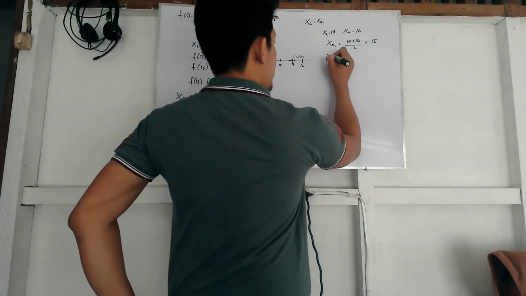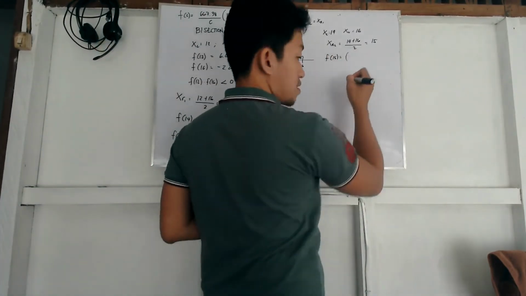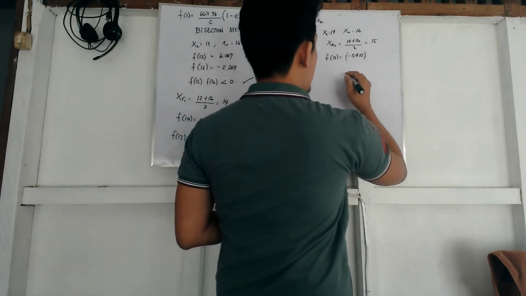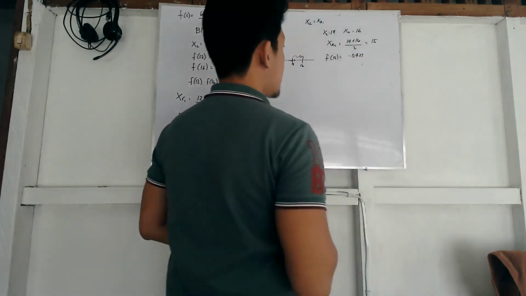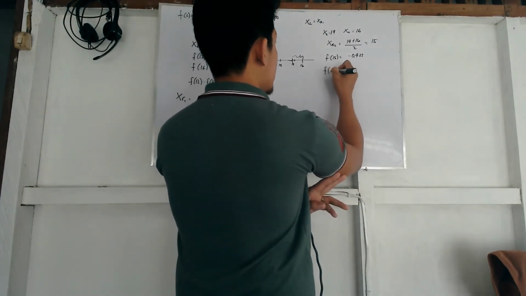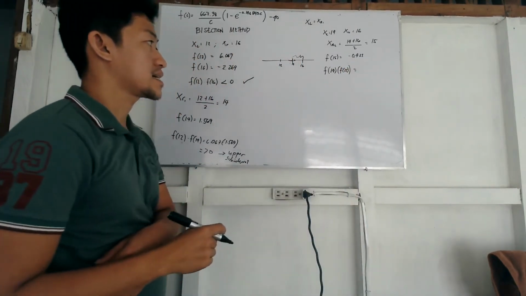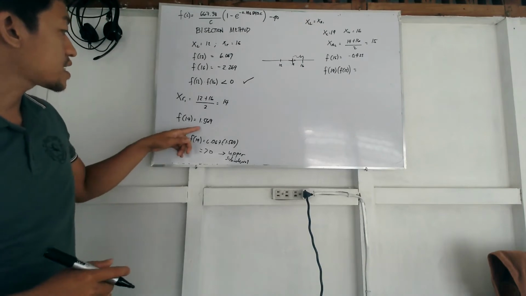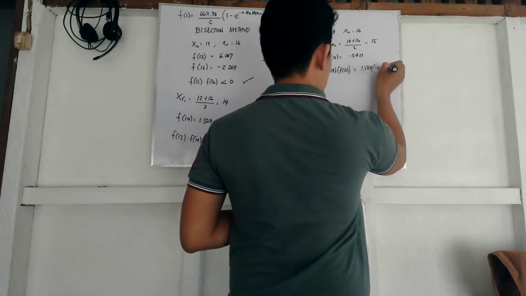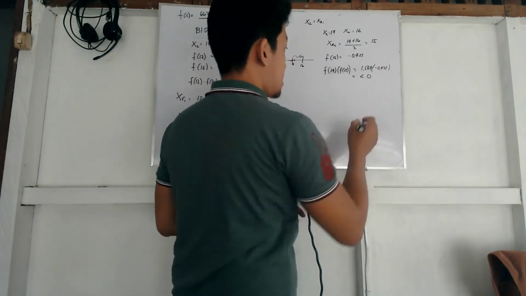So what is f of 15? Negative 0.425. Therefore f of 14 times f of 15: f of 14 is 1.569 times negative 0.425. So the answer is negative, less than 0.